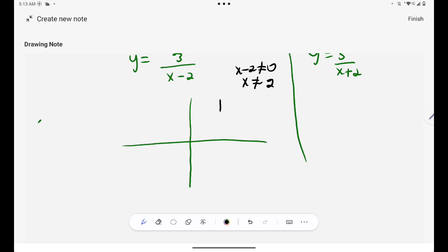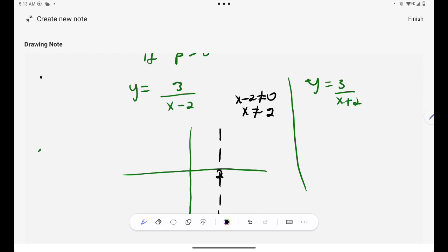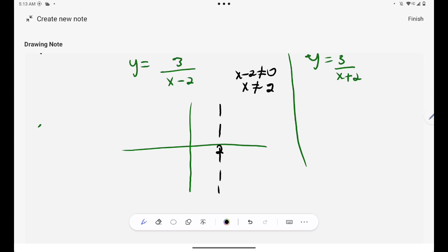So your asymptote will be here when x is a positive 2. Are you together? This is how your graph should look, and it will be simple to draw. You will all see it will just move like this and this.